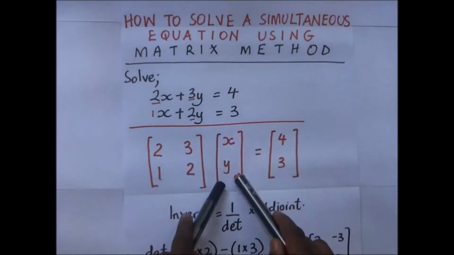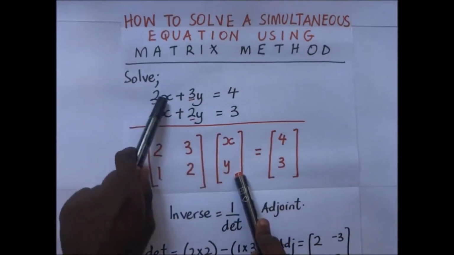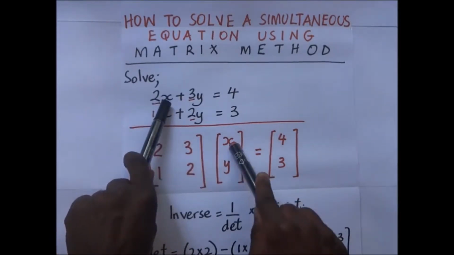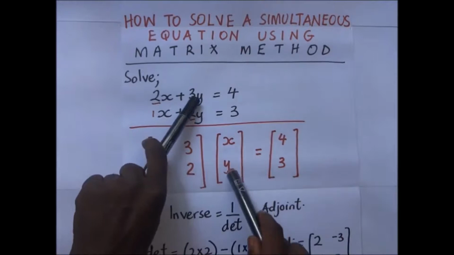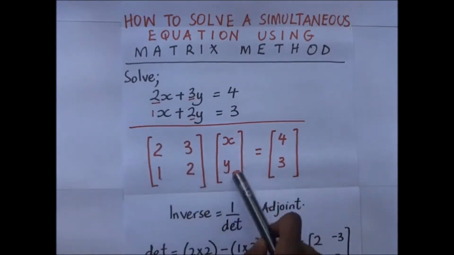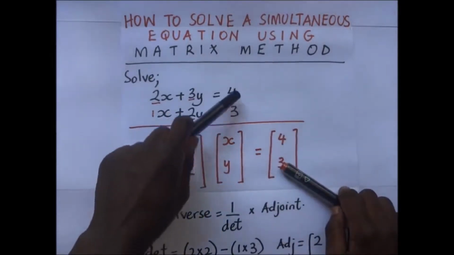The order of the matrix, the way we present it, depends on which comes first. Here x comes first, then y. So this matrix multiplied by x and y is supposed to give us 4, 3.